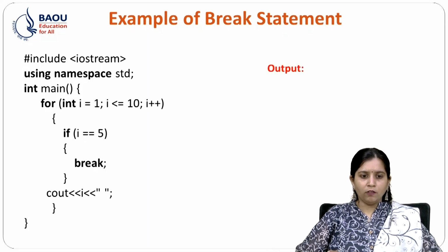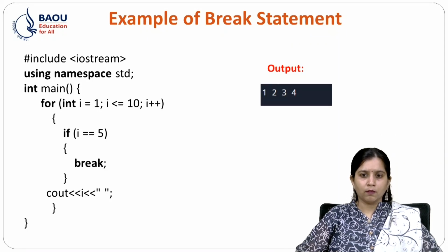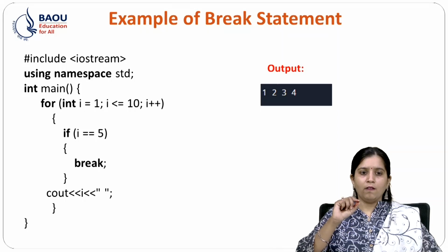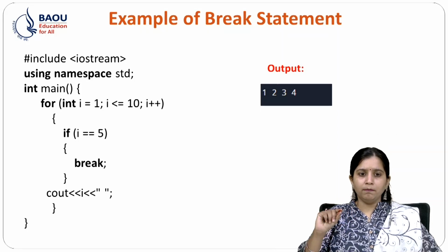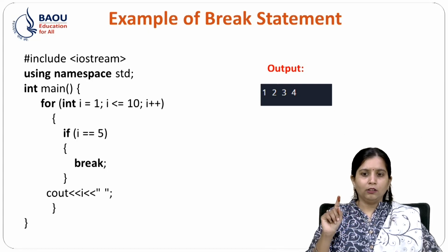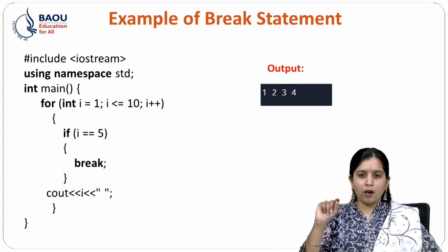Let's see the output and then we will discuss this program. At first i is equal to 1. So in the if condition, is 1 equal to 5? No. So cout i, and the program will show 1.